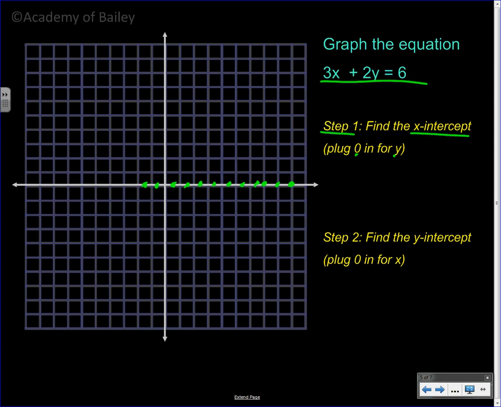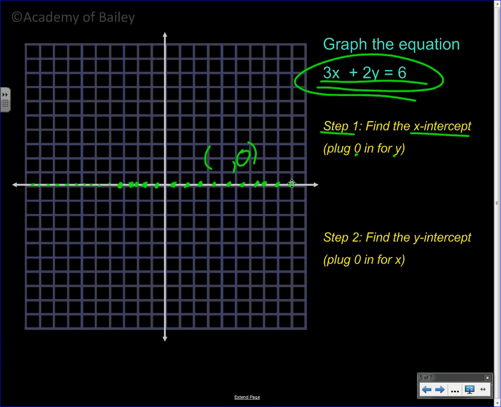We're not choosing the x-intercept. The equation determines where the x-intercept is. But it doesn't matter where it crosses the x-axis. It doesn't matter, because what's the y value?